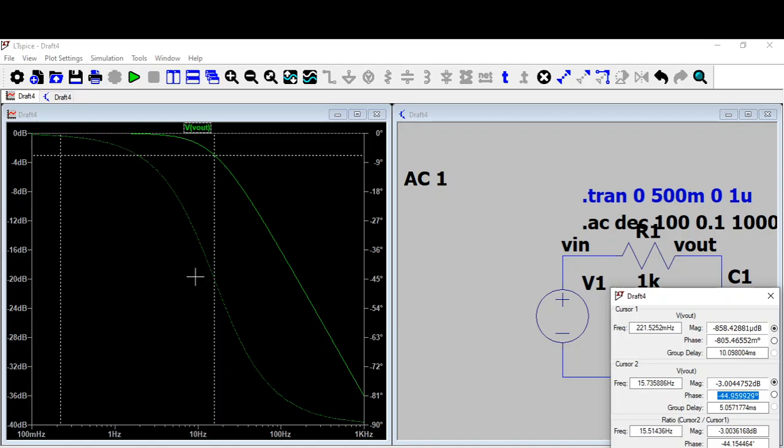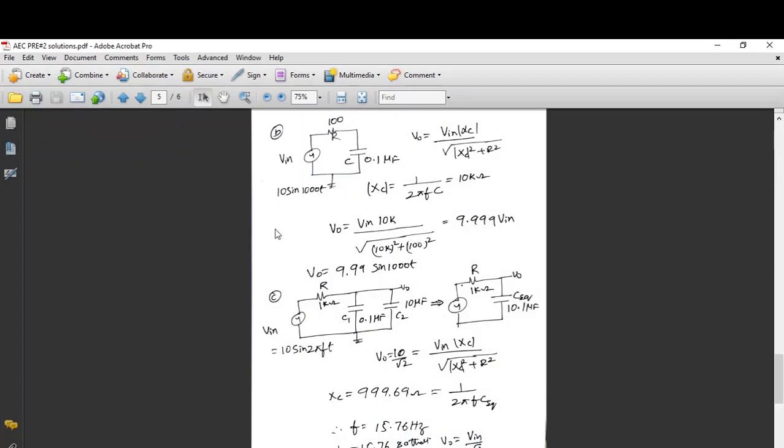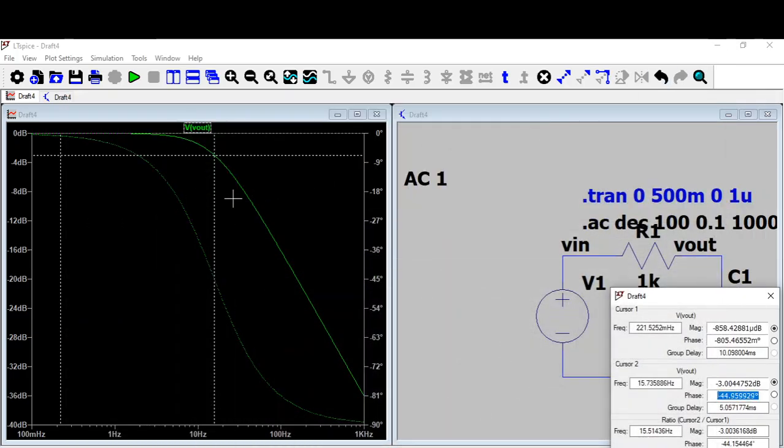So the intention here in this problem was, we were asked to find at what frequency the magnitude becomes 1 over root 2, that is 0.707 times the input. So that is coming out to be 15.75 hertz. So that's what we are again confirming.